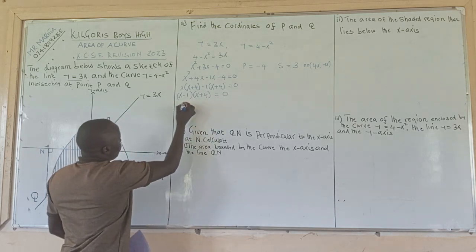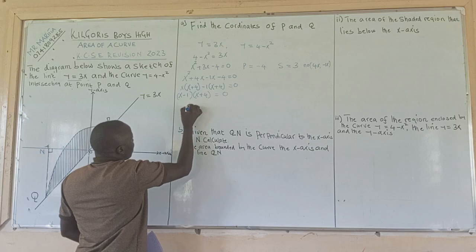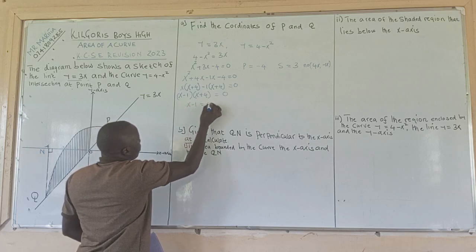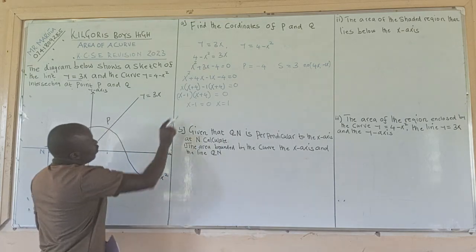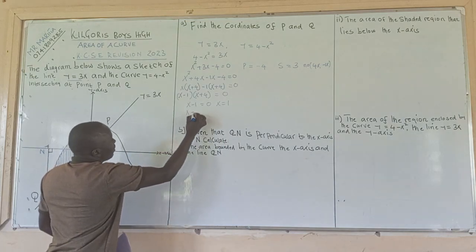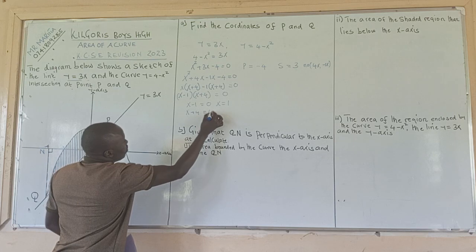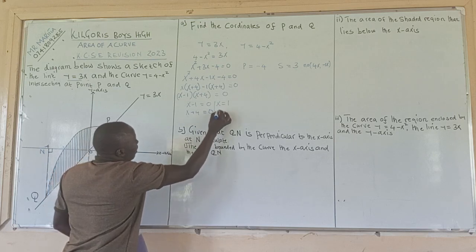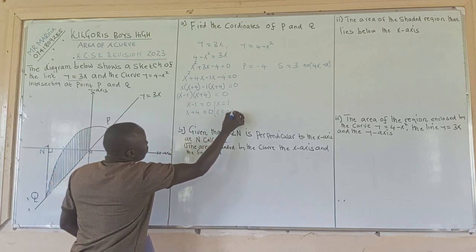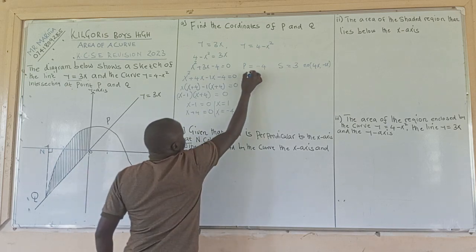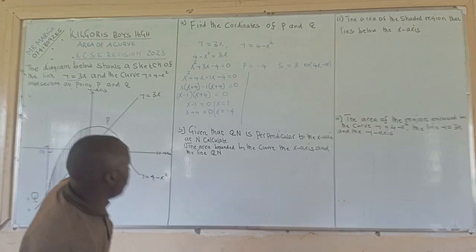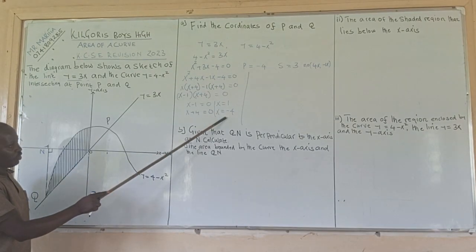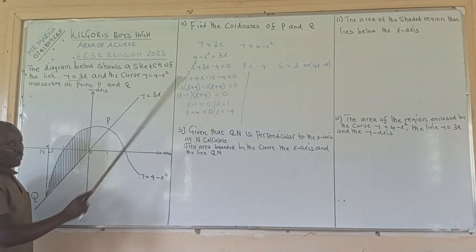We can now find from here that where x minus 1 equals 0, the value of x is 1. Where x plus 4 equals 0, the value of x is negative 4. Now we have x equals negative 4 and x equals 1.